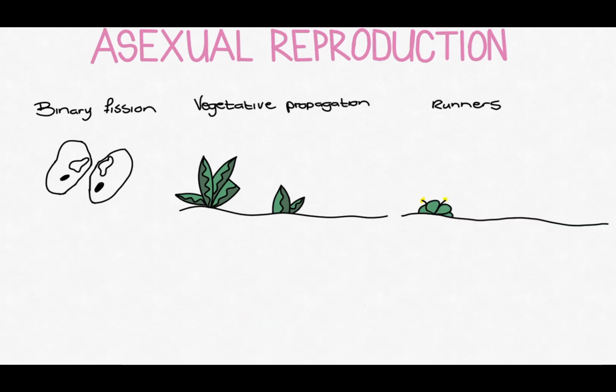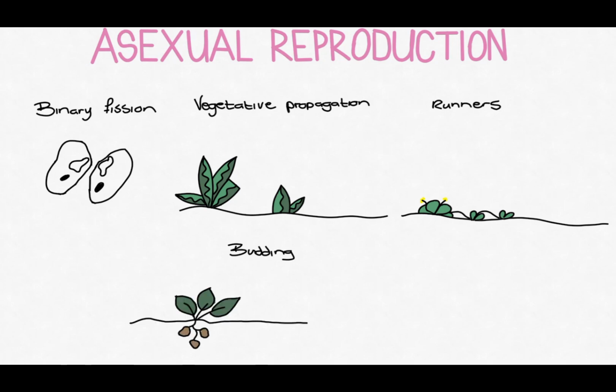Then we have runners, like in the spider plant that we saw, but we can also see it in strawberries. So what happens with a runner is a little stem will grow, and when it finds soil again, it will create a tiny plantlet. Now these plantlets, just like all the other asexual reproduction examples, are also genetically identical.